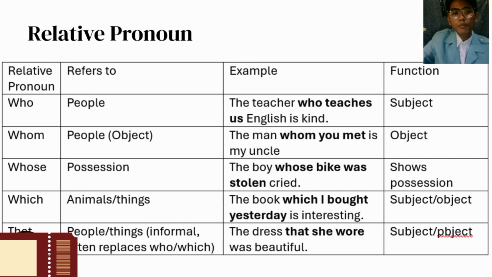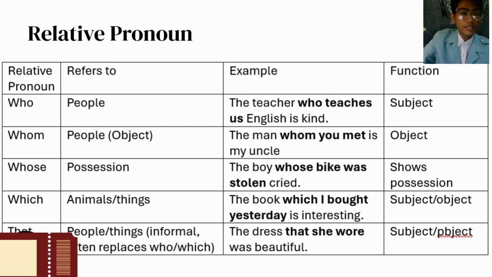Now, when we want to use who, we have to decide if the noun at the front is doing the verb. Okay, in this example, the teacher is the one doing the verb teaches. So it means the teacher is the subject of the sentence. So we are going to use the relative pronoun who.